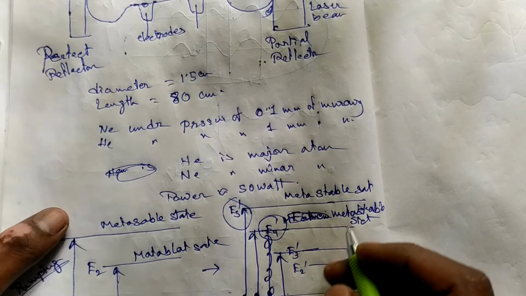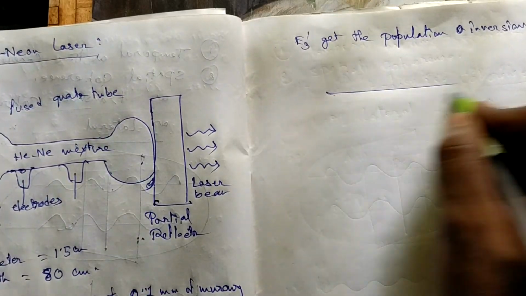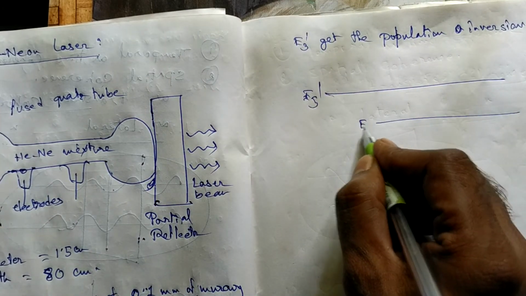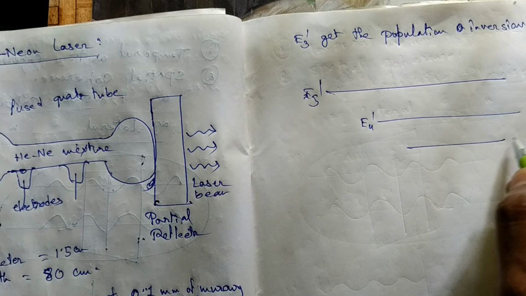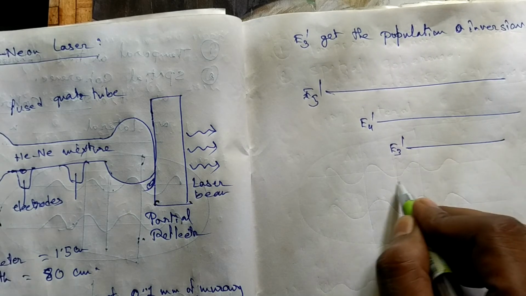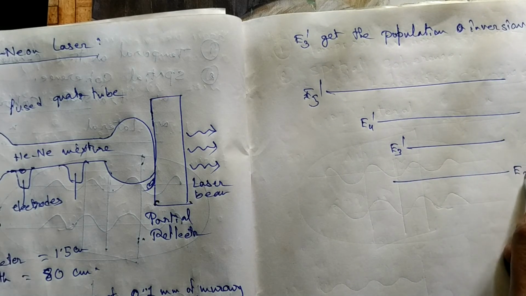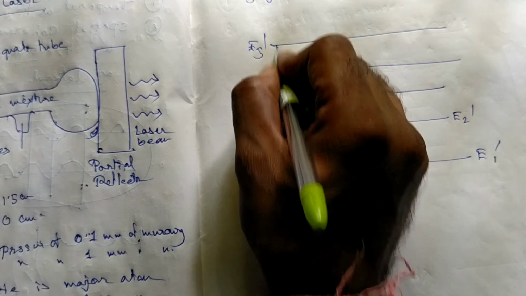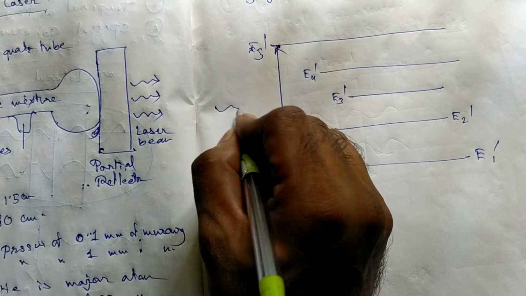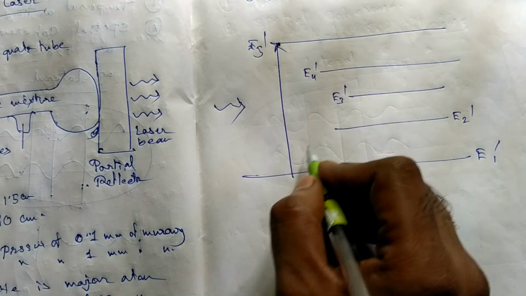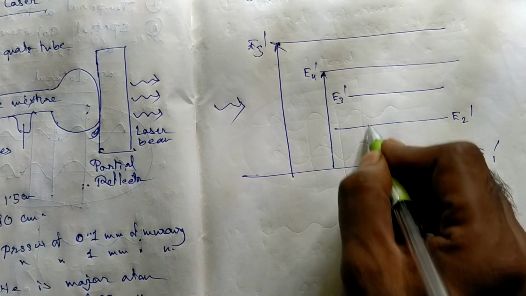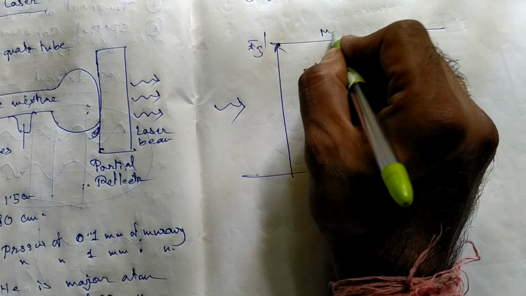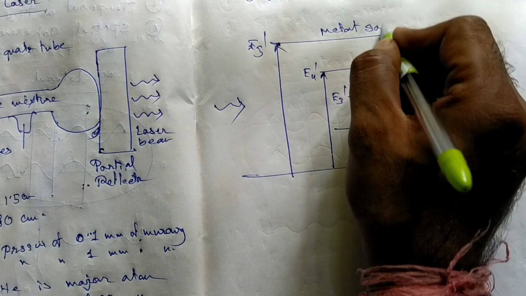I am drawing here E5 dash, E4 dash, E3 dash, E2 dash, E1 dash. Due to the energy from the helium atom, the atom jumps to the E4 and E5 states. Those are the metastable states.